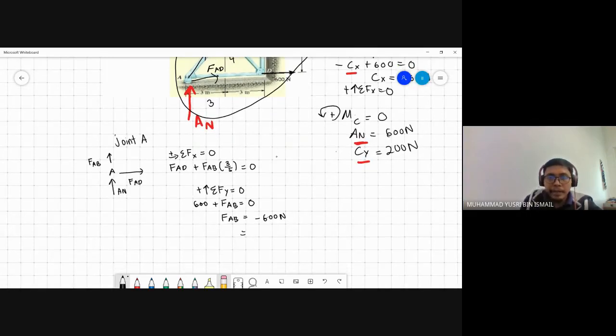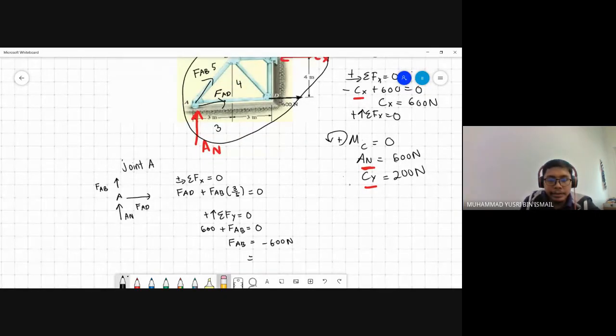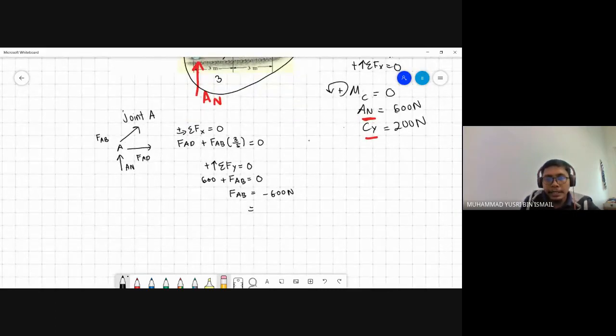Now this is based on my assumption that the force is in tension. But actually, supposedly, FAB has an angle, so basically it is in compression.